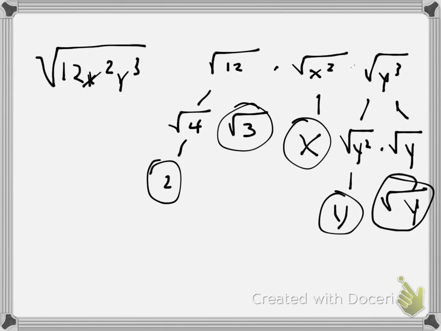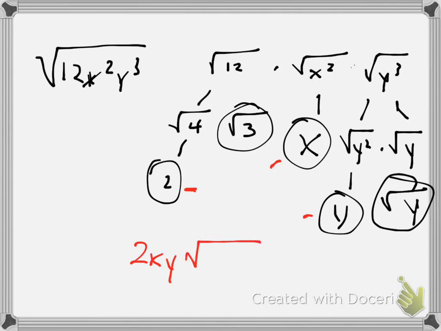So now, to piece this together for my answer, what I'm going to do is this. I'm going to look and say, what do I have without a radical? I have this 2, this x, and this y. So if I multiply those 3 together, I'm going to get 2xy. That's outside my radical.